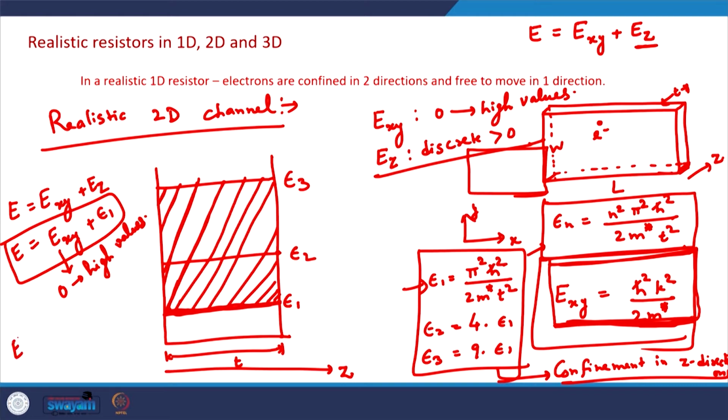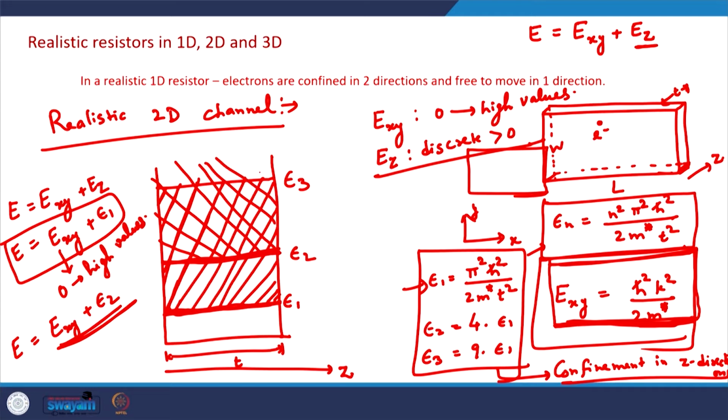In that case the total energy of the electron will be EXY plus epsilon 2, and this value can go from epsilon 2 to a very high value. So the electrons sitting in this state in z direction may have any energy starting from epsilon 2 to a very high value. This may be the total energy of the electrons sitting in the epsilon 2 state.